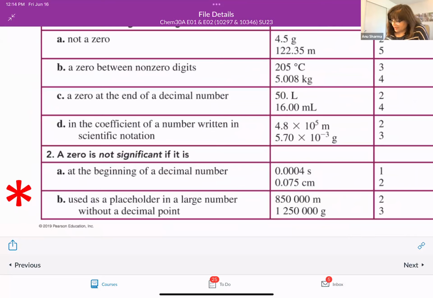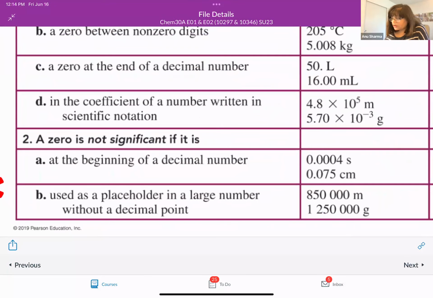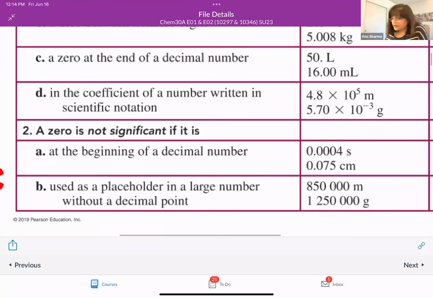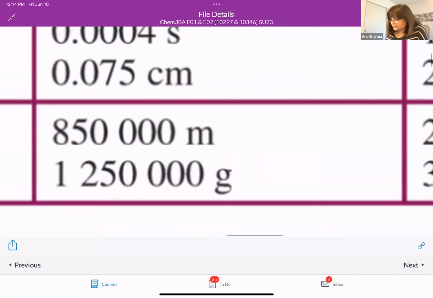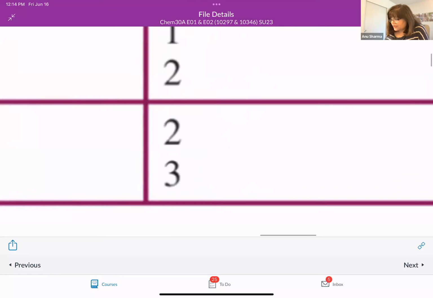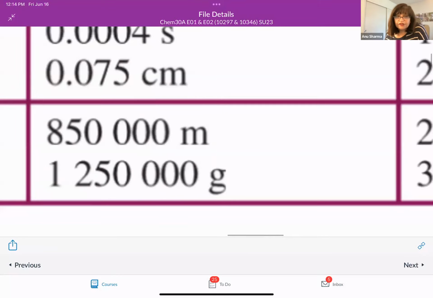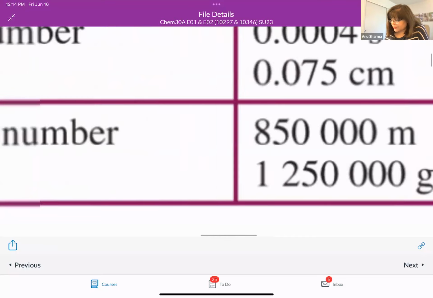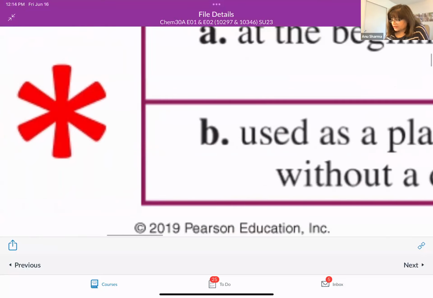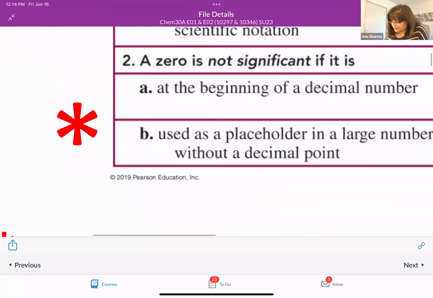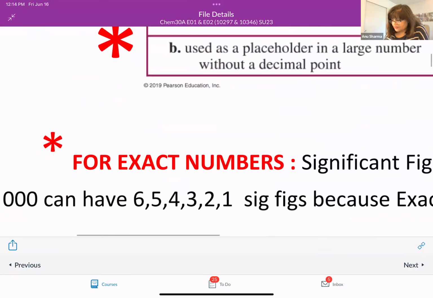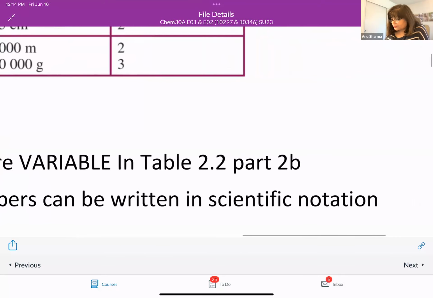And once again, here, a 0 is not a significant figure if it is a placeholder in a large number. So these exact numbers, as we talked about, this table is showing that 2 and 3 are incomplete information. This is variable. That is why I made this mark right here. This mark is signifying this. So for exact numbers, significant figures are variable.